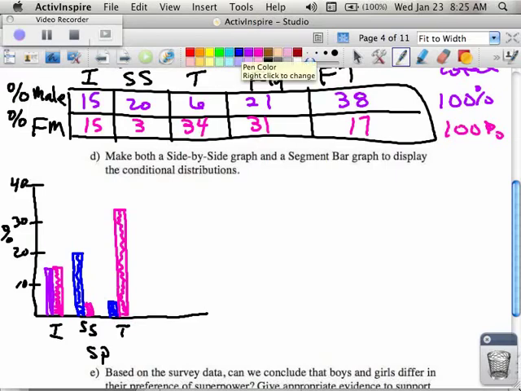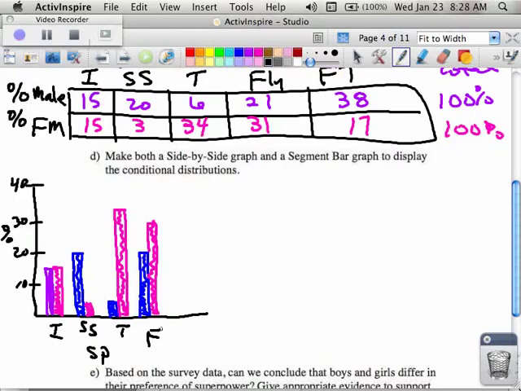And for the flying, the males were 21. And the females were 31. Okay, so this was the flying superpower.